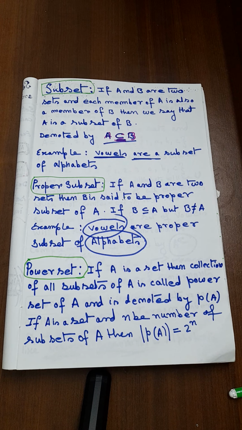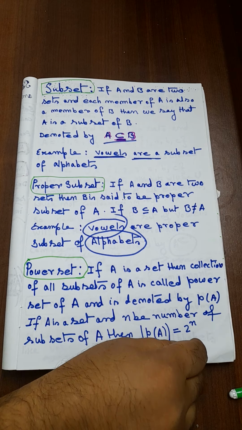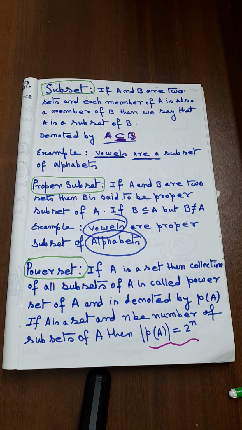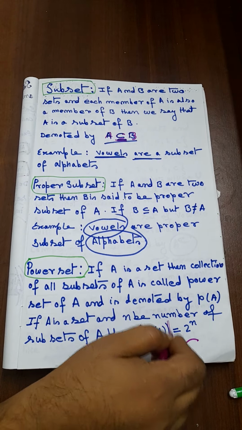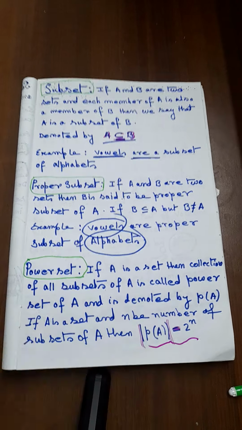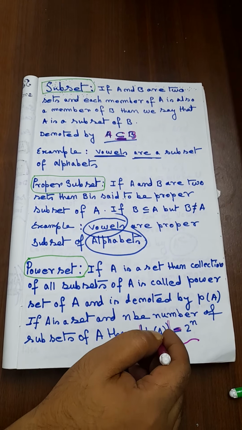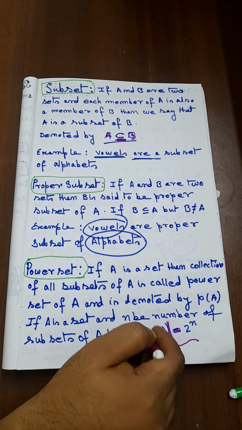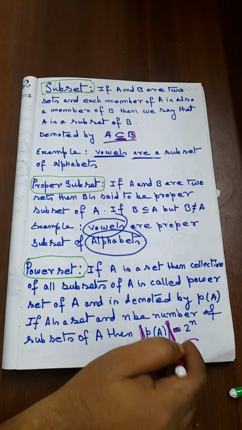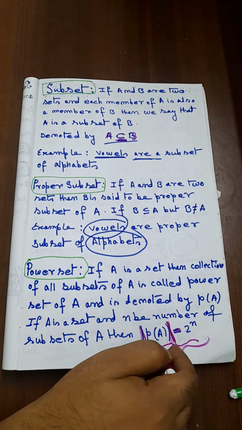And if A is a set and n is the number of elements of A, then it will be represented like this: P(A), with the modulus sign, equals 2 to the power n. Okay, so this is the power set of set A.